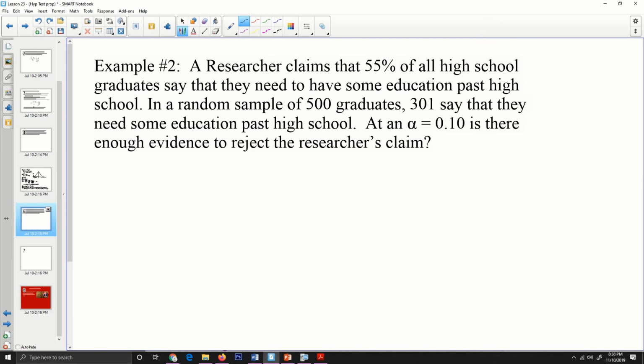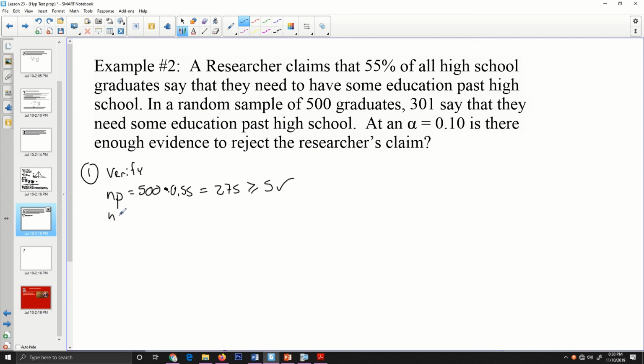All right. So again, and I'm not going to go back and forth just for time's sake, we need to verify. In this case, we would have our np is 500 times 0.55. And if you do that calculation, you get 275, which is clearly greater than 5.